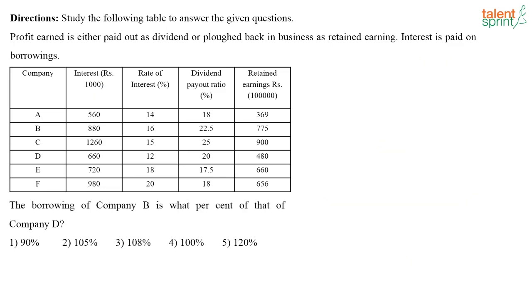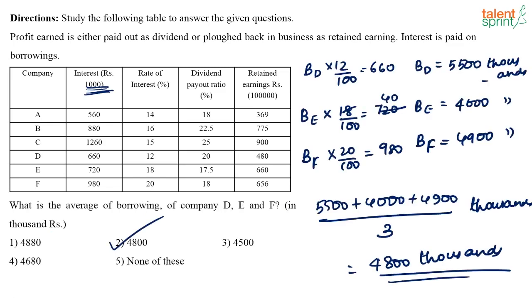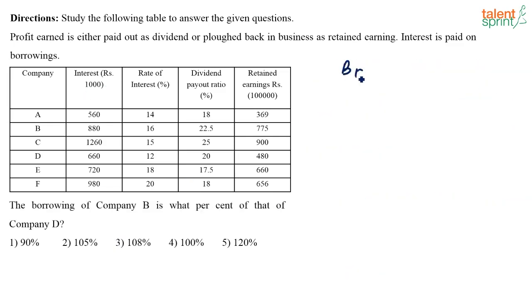Next. Now let us try this. The borrowing of company B is what percentage of that of company D? We found out already the borrowing of company D, which is 5,500 thousands. Now what is the borrowing of company B?